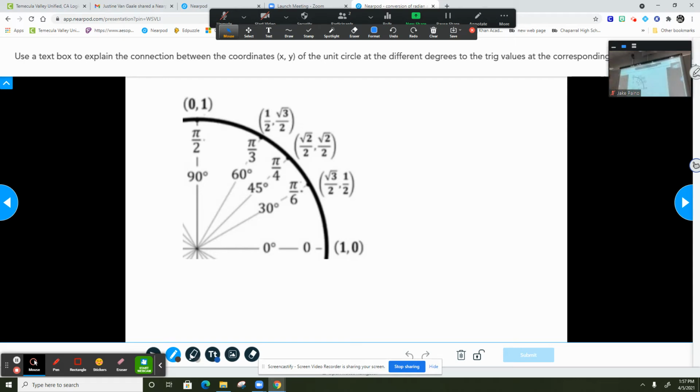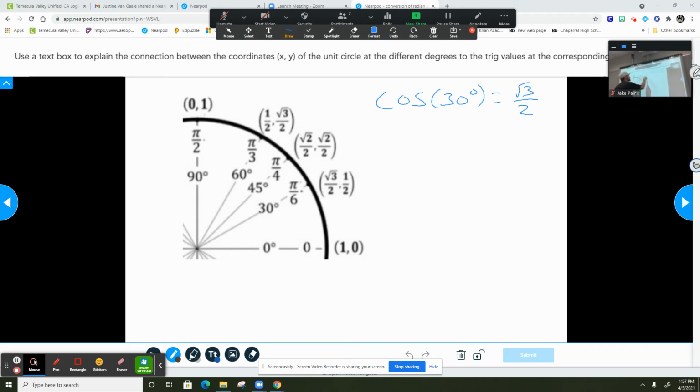use a text box to explain the connection between the coordinates x, y, the unit circle at the different degrees. All right, and so if I asked you cosine of 30 degrees, every single time on the last few slides, it was rad 3 over 2.